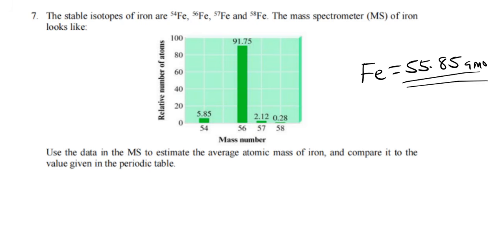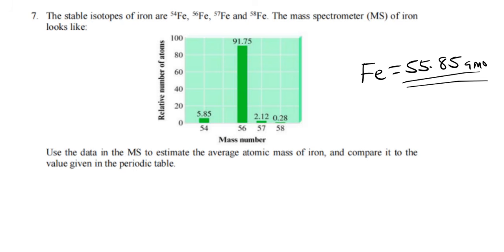It depends on the periodic table that you're using, but it should be around that. Now let's solve this question. Use the data in the mass spectrometer to estimate the average atomic mass. So we're trying to find the average atomic mass.